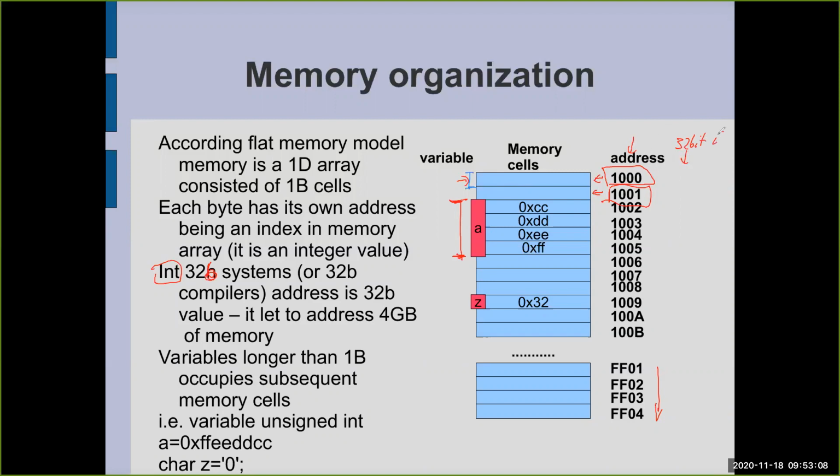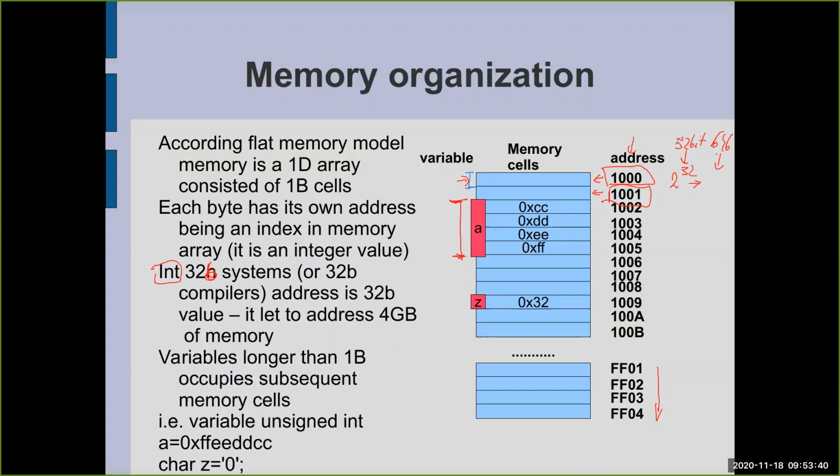In 64-bit architecture, the address has 64 bits. So what does it mean? Having 32 bits, the number of different addresses is 2 to the power 32.